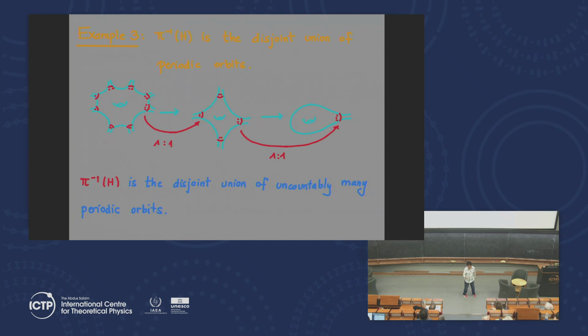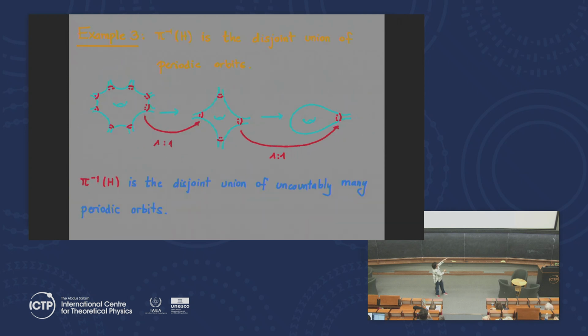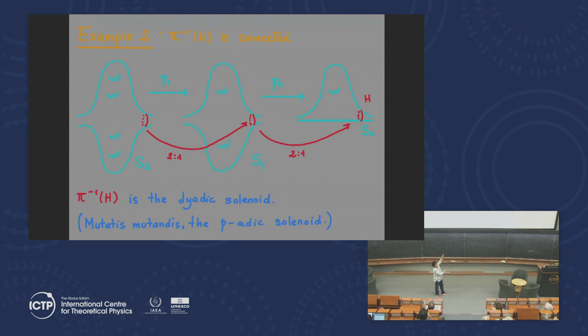So if you wanted to have an example where over one closed horocycle you had, say, 23 connected components, you could do a combination of this example and this example. So you do this to get, say, 23, and then you do this to get solenoids on top of each other, 23, and things like that.